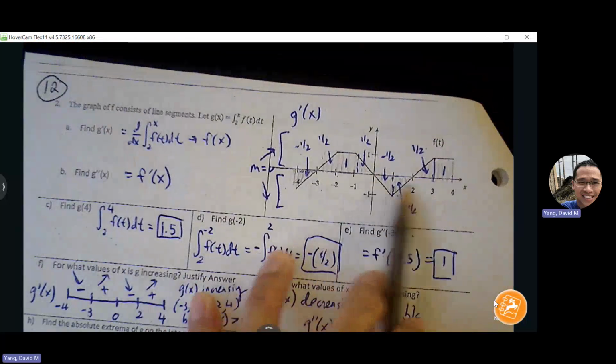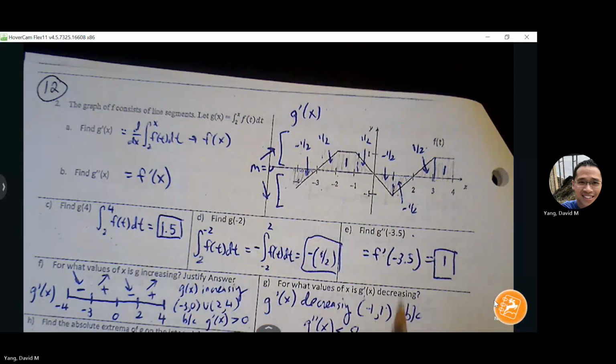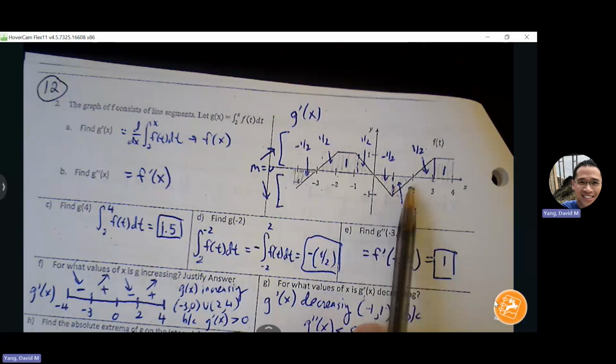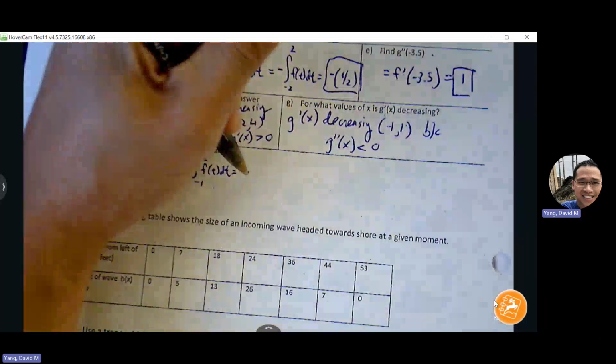So -1 to 2. It's just going to be -1/2, with a negative that's already being pulled out.